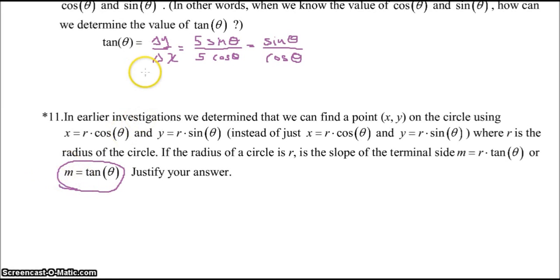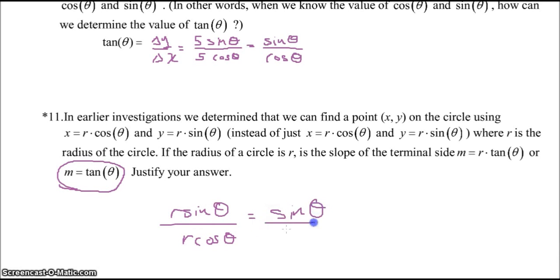Notice that the radius r here canceled out, the 5's just canceled out when you calculate the slope. So you could note that no matter which radius you pick, if you find the slope, it'll just be r sine theta over r cosine theta, which will just be sine theta over cosine theta, which is tangent theta.